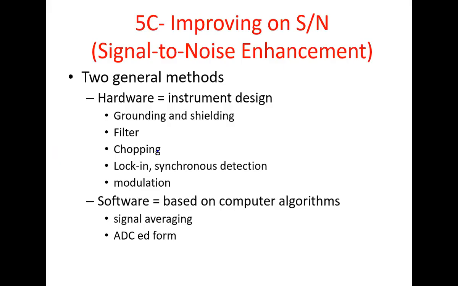You work with the hardware and you work with the software. First, the hardware, that's instrumental design. The next one is software. For example, these days we work with computers or instruments using software, based on computer algorithms, which we use very frequently.